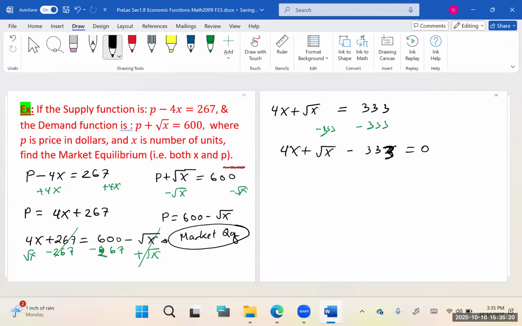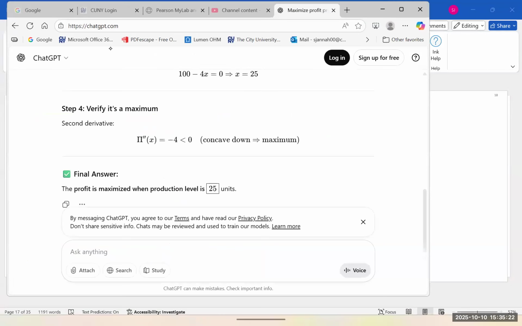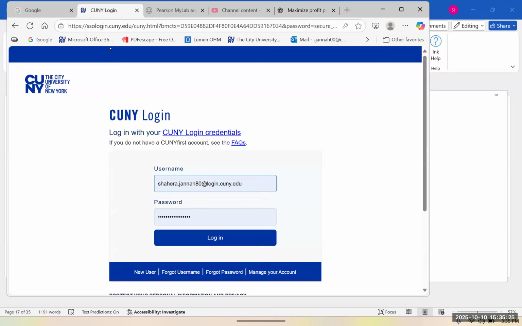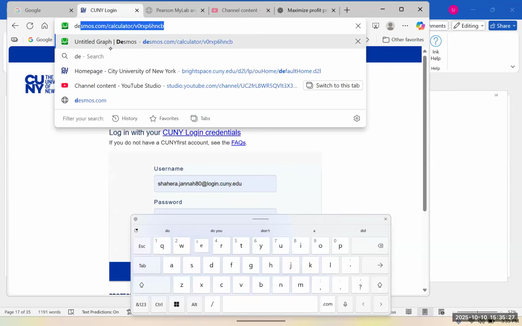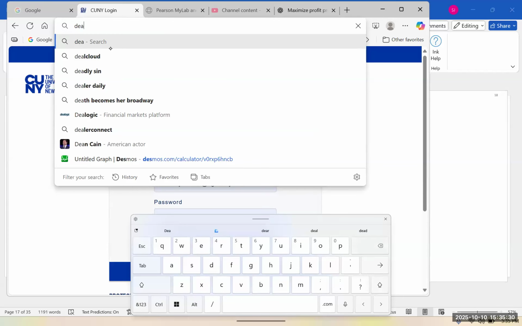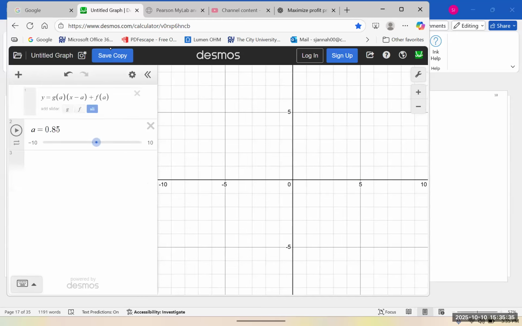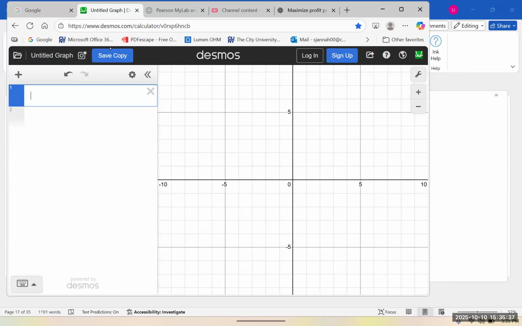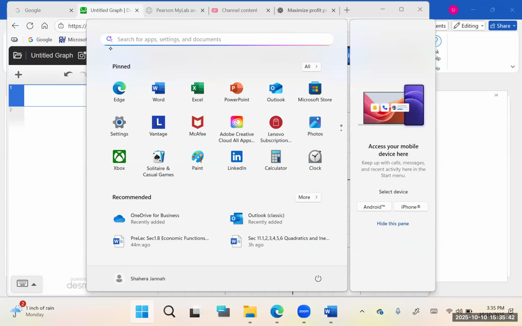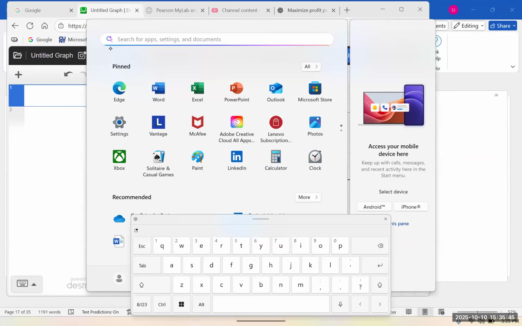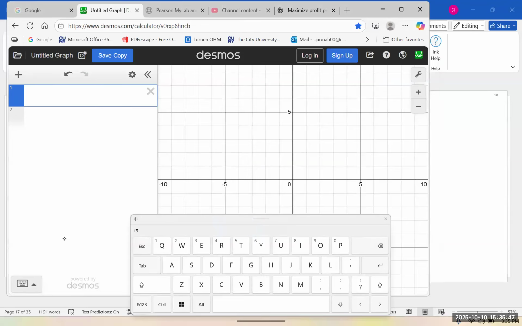I don't have either one of them, so I'm going to use Desmos. 4x, and then what do I have?